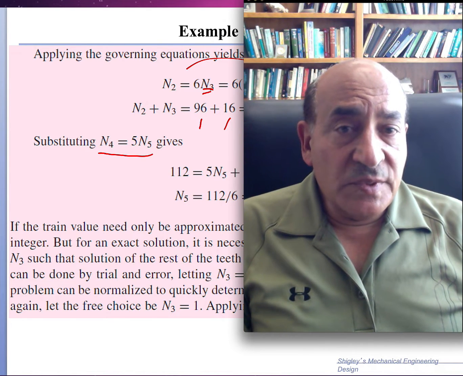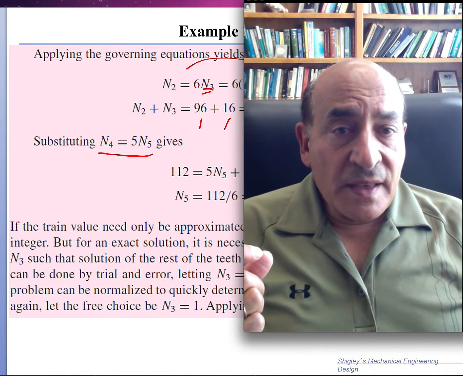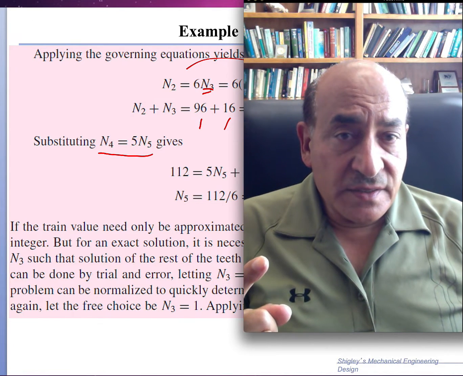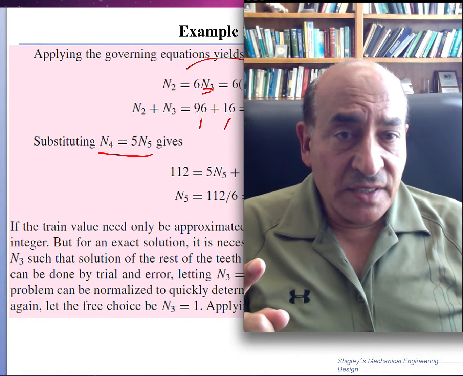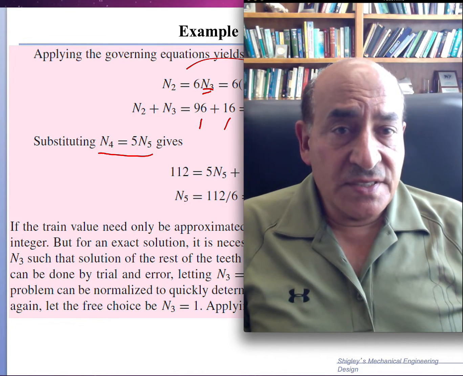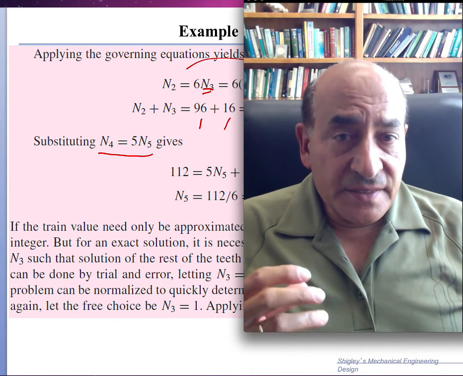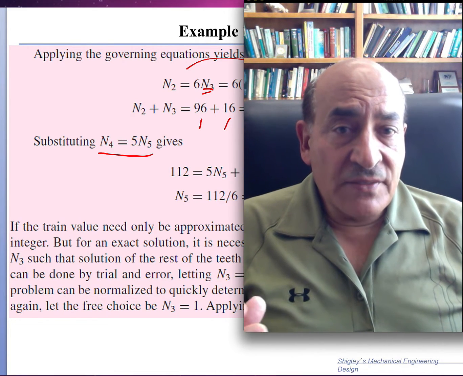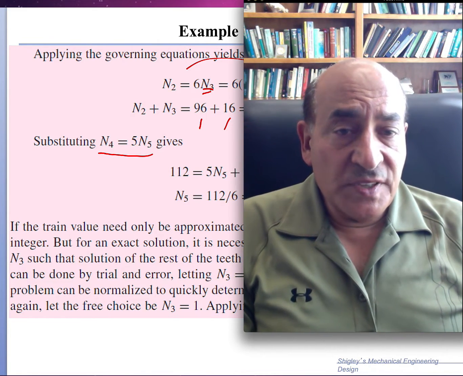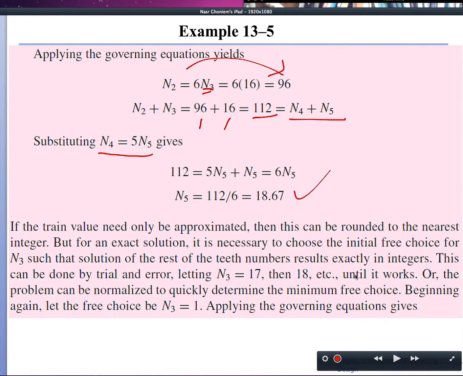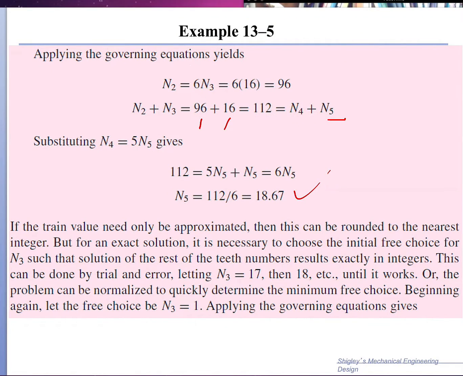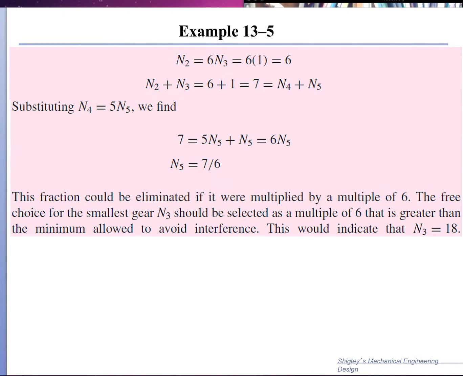Or we can do it a little more intelligently by assuming that N3 is equal to 1, just an assumption here, do all the calculations for just N3 equals 1, and then readjust so that all the numbers of teeth are integers. That's what we'll do here. So if you look at the solution, N3 is assumed to be 1, so N2 is 6 times that, and then N2 plus N3 will be 7, and this will be equal to N4 plus N5.